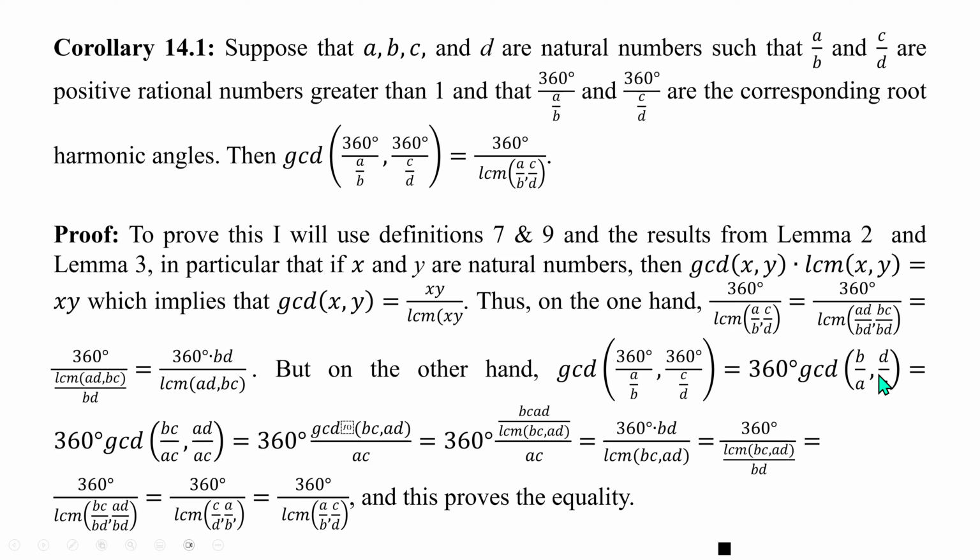And now you could rewrite these two fractions with a times c as a common denominator, and then that is going to be equal to 360 degrees times the greatest common divisor of the numerators divided by AC.